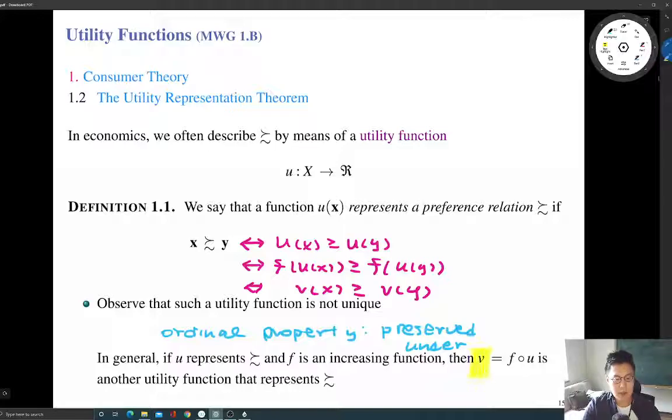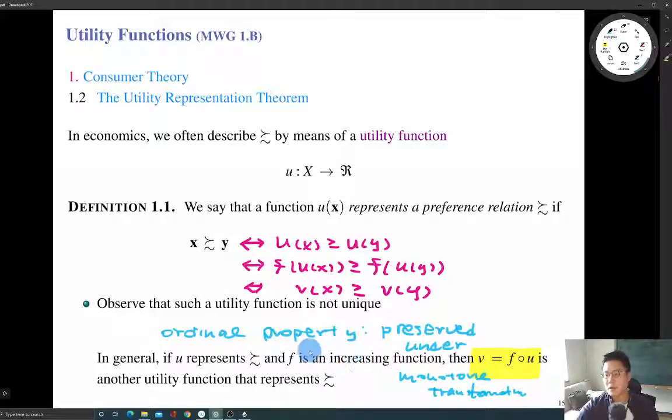So we usually call this composition, okay, a monotone transformation. Yeah. So if one property is preserved under monotone transformation, so it is invariant, okay, it's still alive, right? So representation is still alive even after taking an increasing function, a monotone transformation.